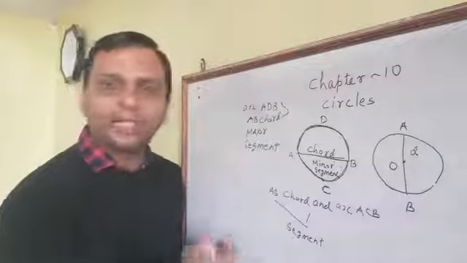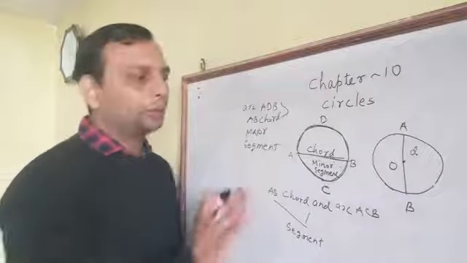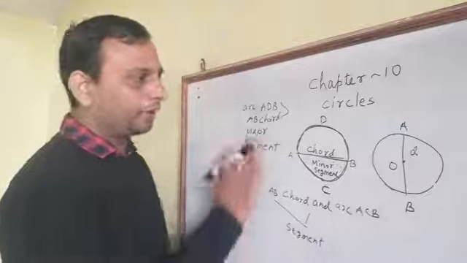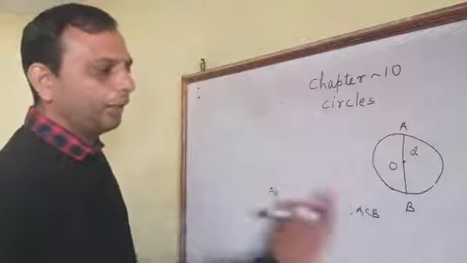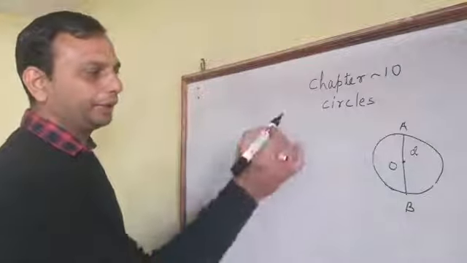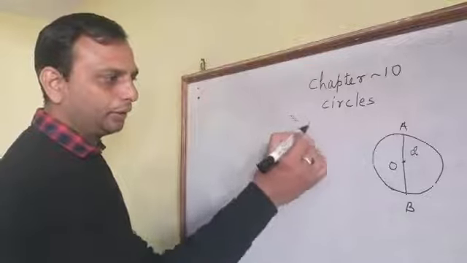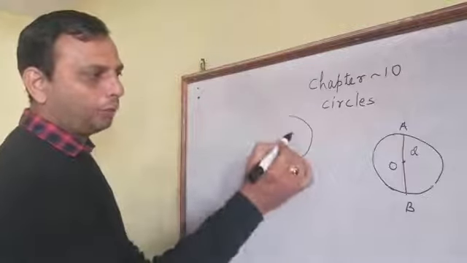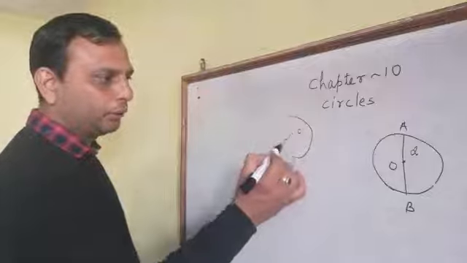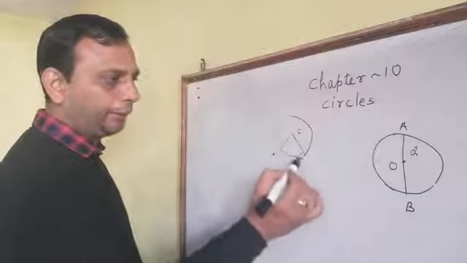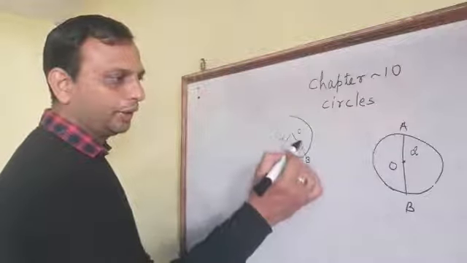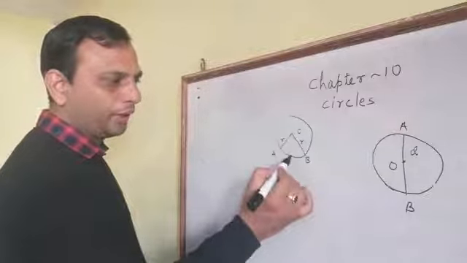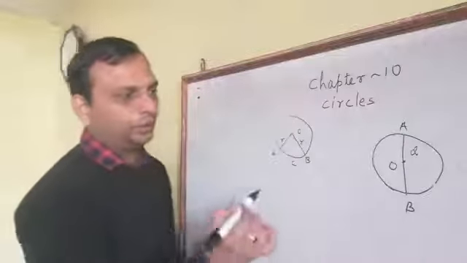Then one more part I have to discuss with you, that is the sector. We'll take another circle and understand what a sector is. Suppose this is a circle, and O is the center. OA and OB are the radii, and ACB is the arc.